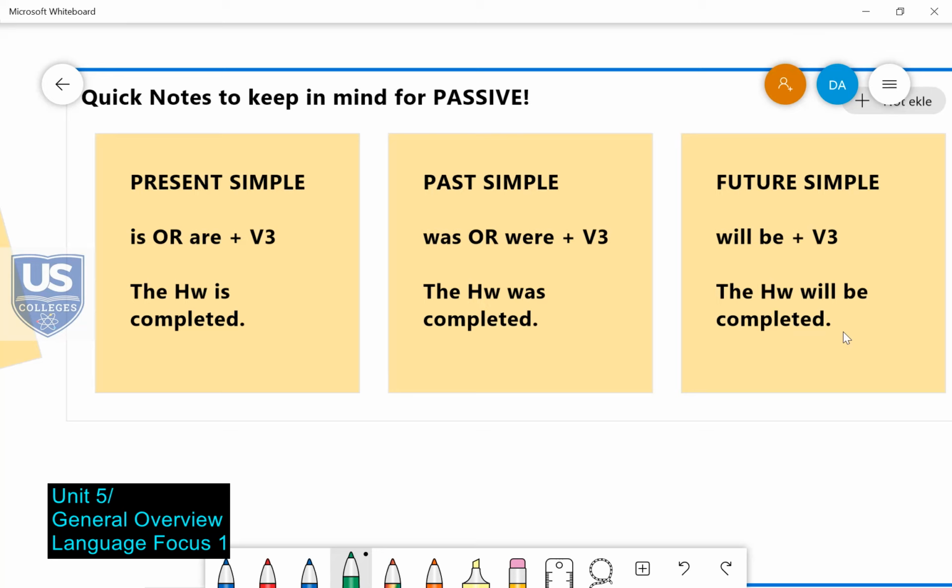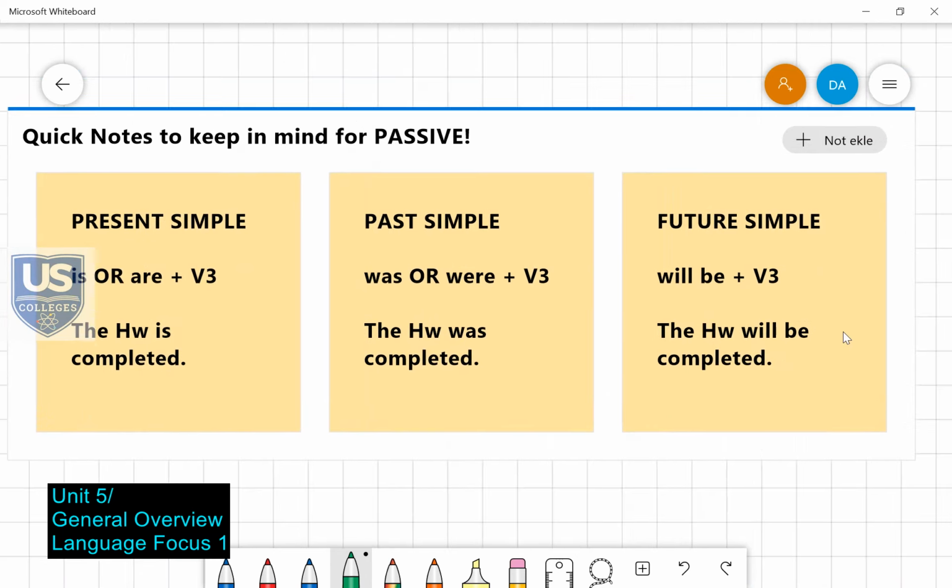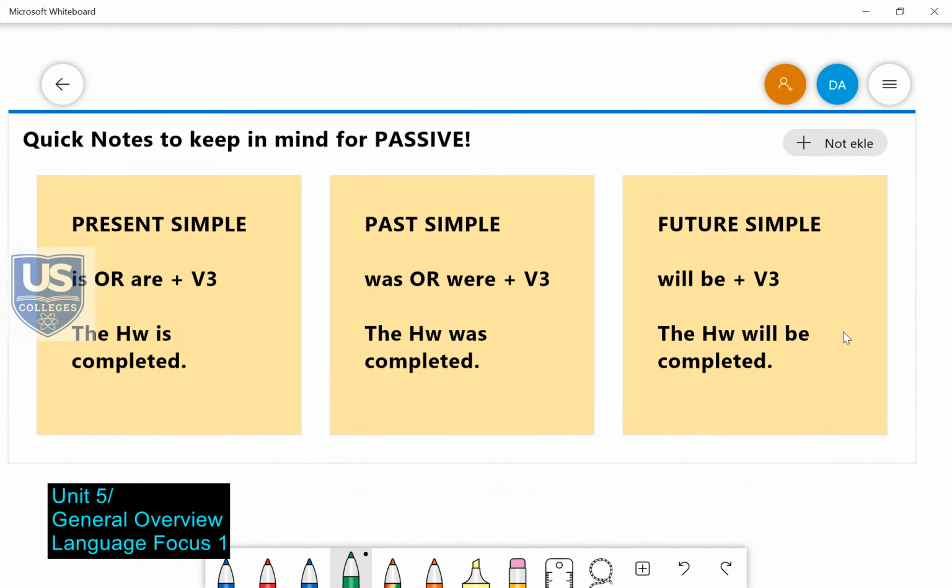When it comes to future simple, so will be plus verb 3. As we have just pointed out in the lesson explanation below, it was made in future simple form, and the sentence was, the homework will be completed.